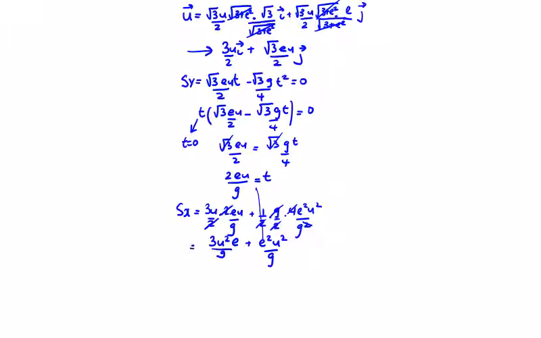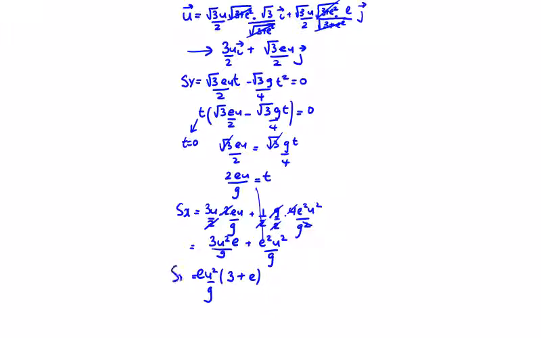I have no idea if this is right, this looks ridiculous. If we factor out u squared over g, I'll factor out eu squared over g, so that would leave me with 3 plus e inside.